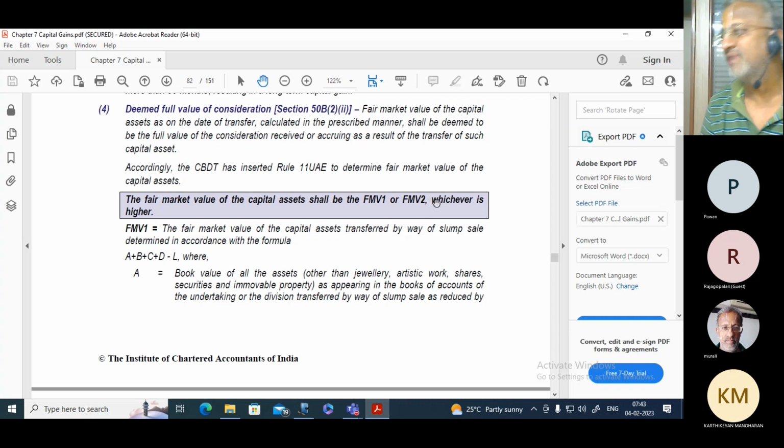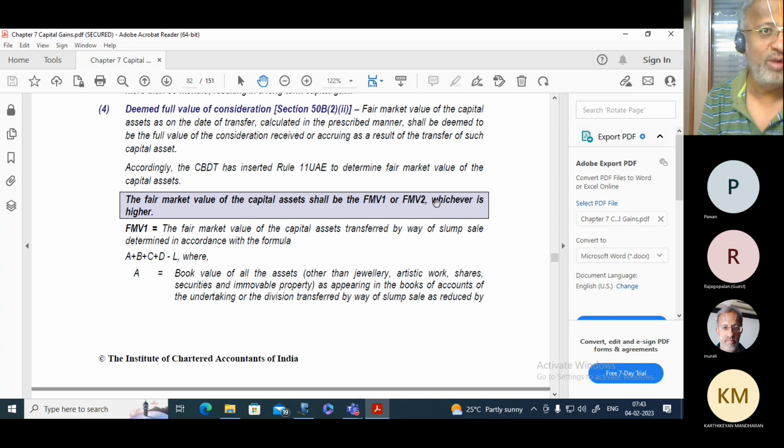This amendment has come for assessment year 22-23. Fortunately for you people, they have not asked any question in assessment year 22-23 on slump sale. So therefore, it becomes very important for May 23 and November 23. So you got to be a little more careful.